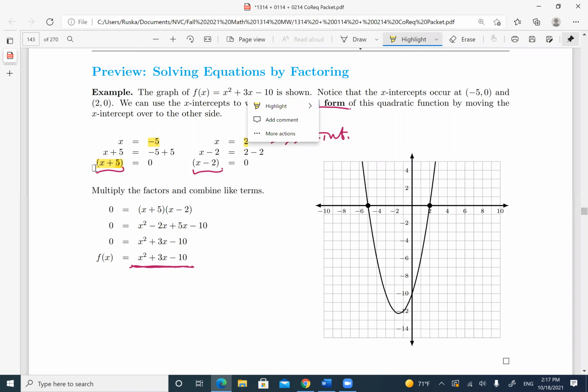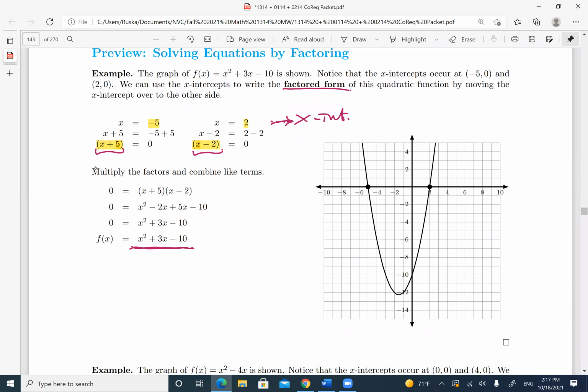The x-intercept is 2, the factor is x minus 2. So from the x-intercepts, you can get the factors. When you FOIL or distribute, you get the original form. So the factor form is pretty much when you factor the function. Make sense? Everybody understand that?